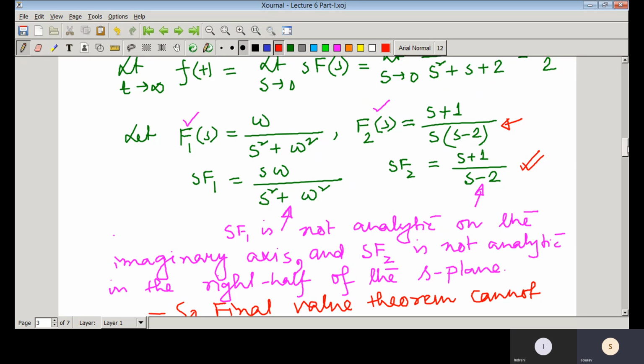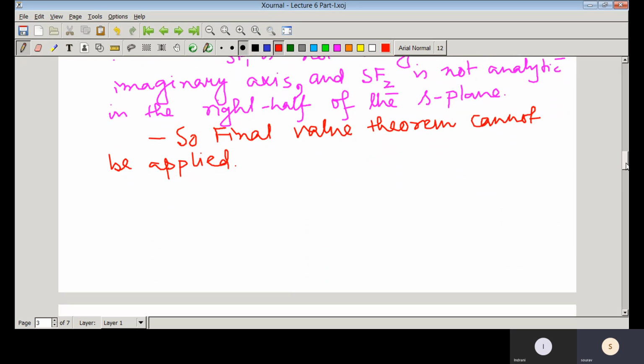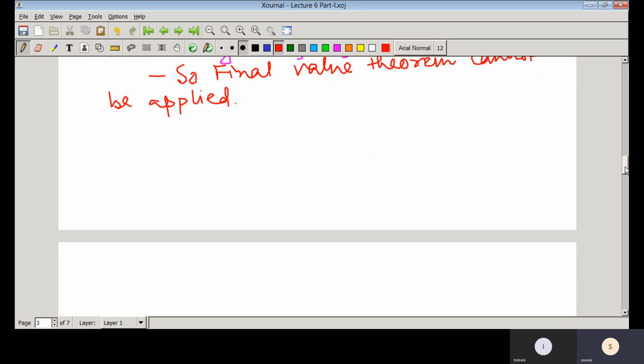That's why before applying the final value theorem you should be careful about the required condition, that is the analytic property on the imaginary axis and on the right half of the s plane.